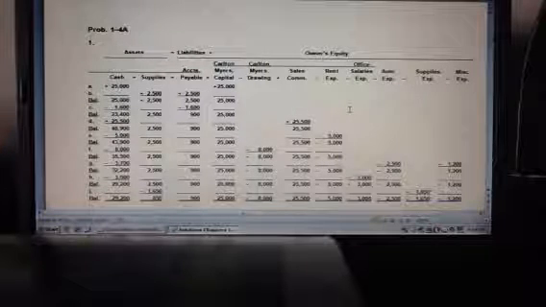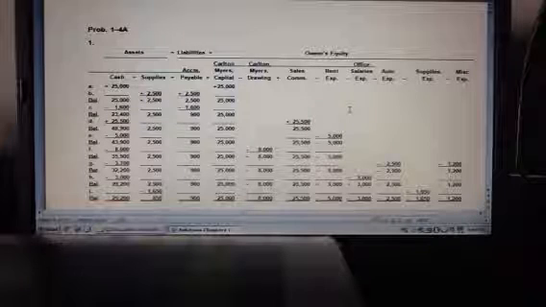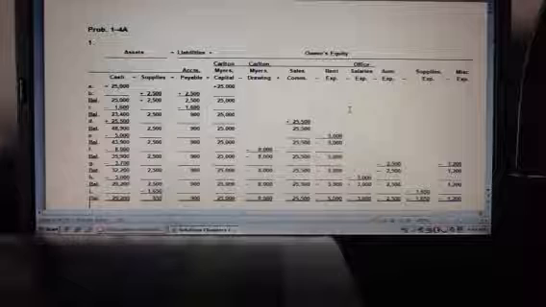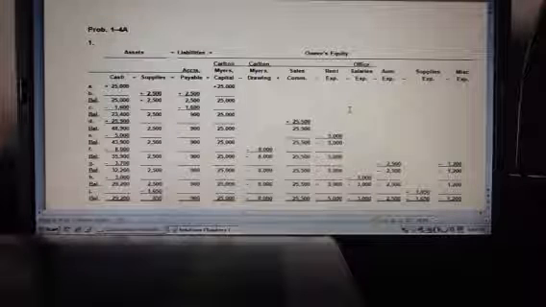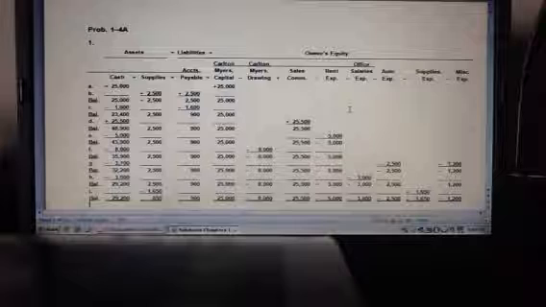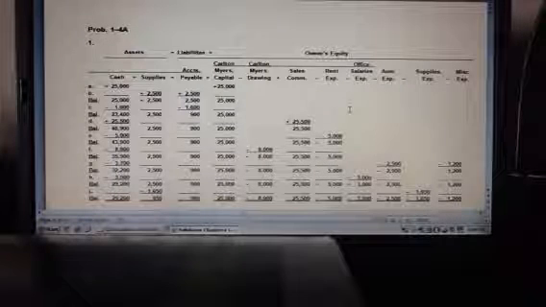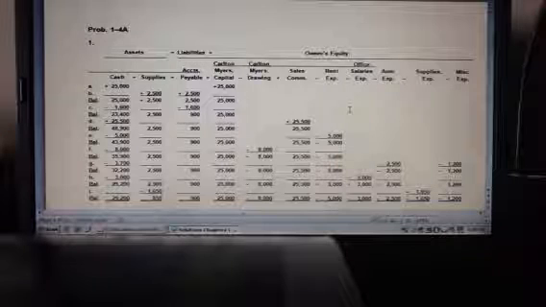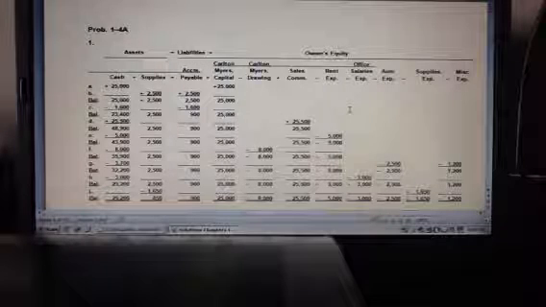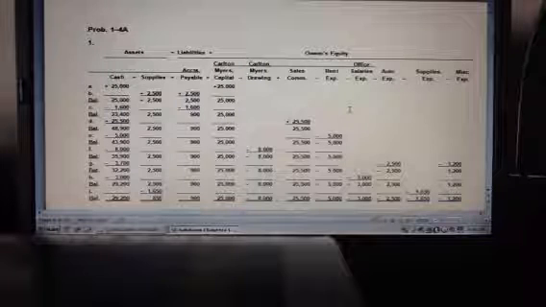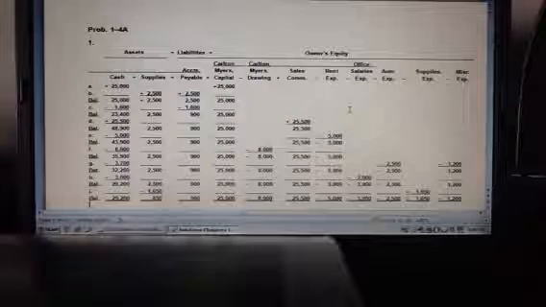I think they're very similar to the ones we did on the PowerPoint. Item A, the owner put $25,000 into the business, so cash and capital both increased. Item B, we bought some supplies on account, so supplies increased, and a liability, accounts payable, also increased. Item C, we paid $1,600 on the account payable, so cash went down $1,600 and accounts payable went down $1,600.